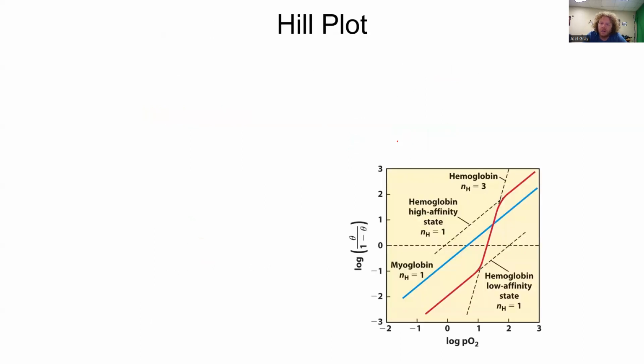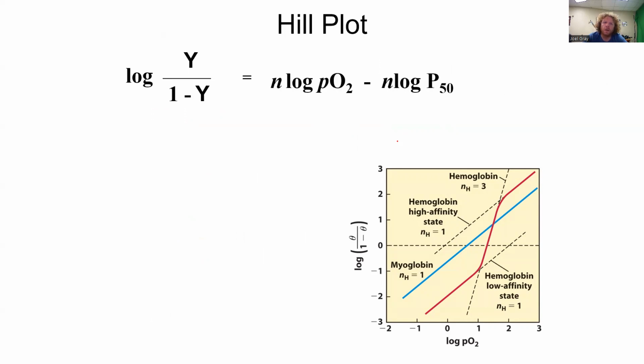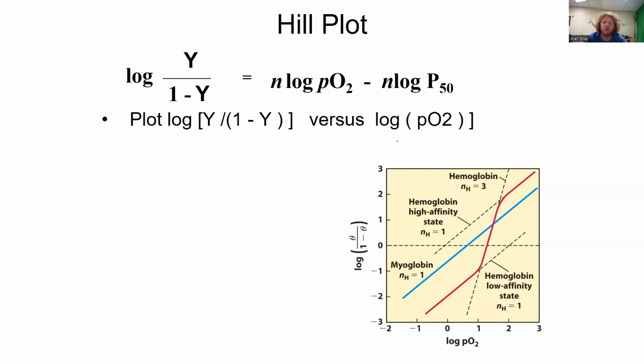Now, here is a Hill plot. I've always kind of thought that the Hill plot was just a nice way to take something that's nonlinear and make it linear. If you take log of y over 1 minus y, you get n log PO2 minus n log P50.